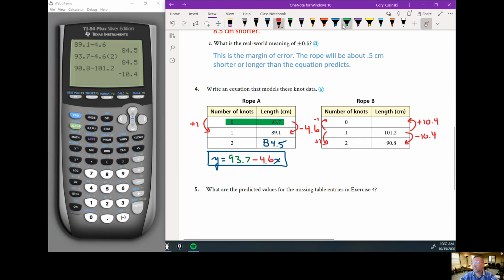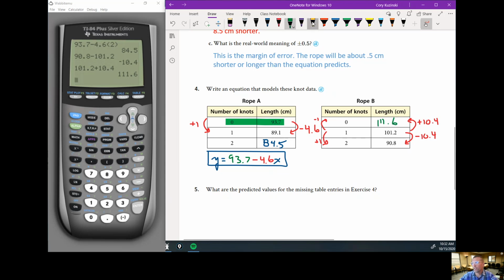That's the y-intercept. So let's take the 101.2 and we'll add 10.4 to it. It gives us 111.6, which is going to take care of the requirements here for number 5.